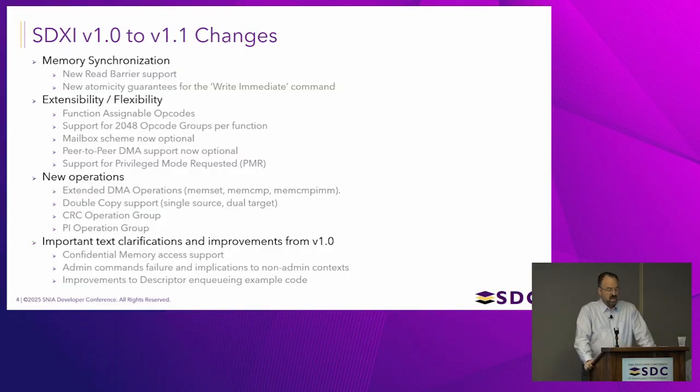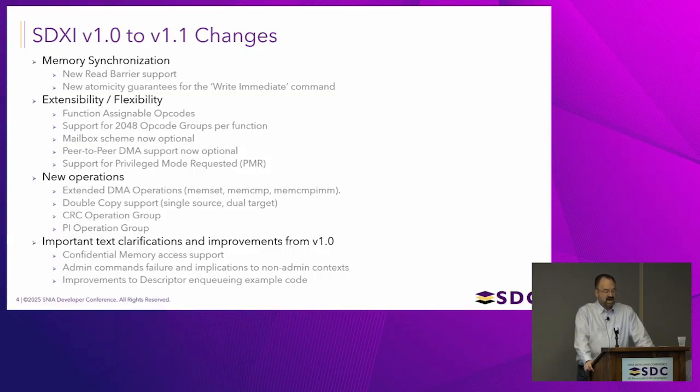Likewise, support for some of the mailbox schemes is no longer mandatory. There have been important improvements to the text, for example, surrounding confidential memory use cases, and there were also some notable changes relating to error handling, and ensuring security around error handling, that have gone into the text.